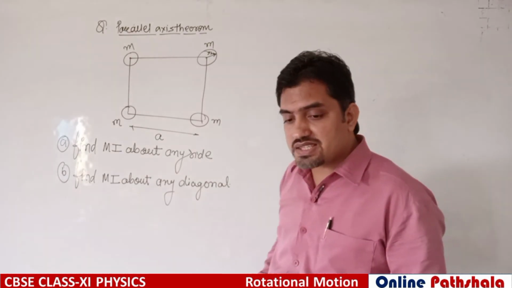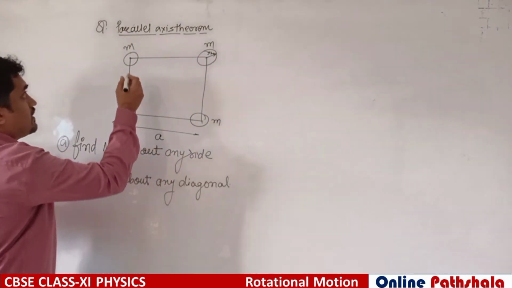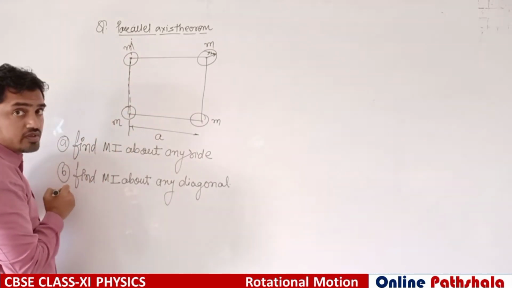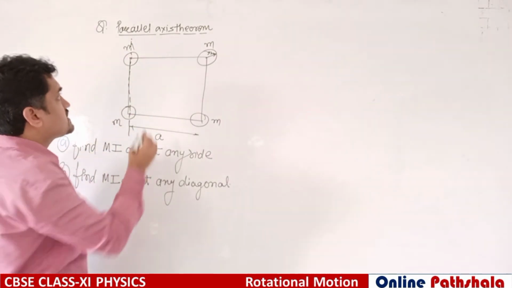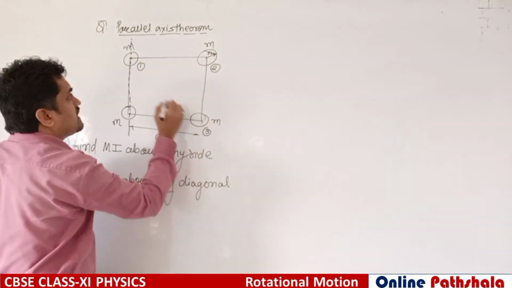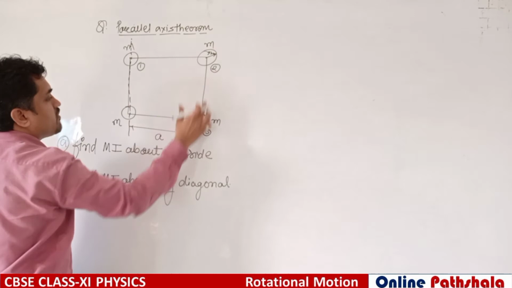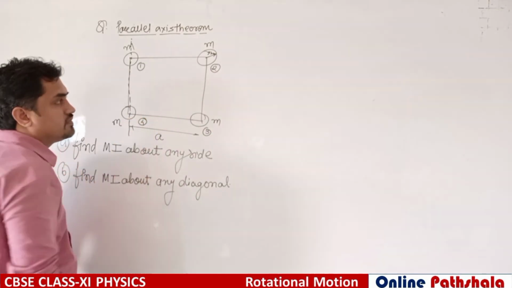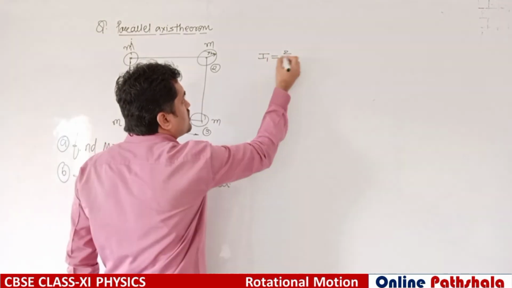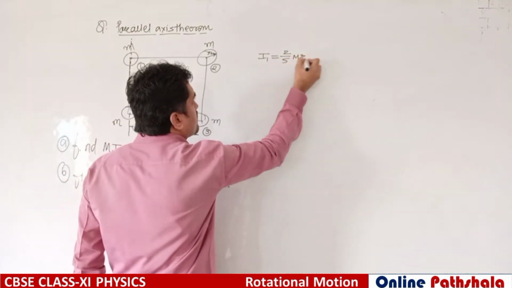Okay. So let us consider the side, this is the side. So the moment of inertia of the first ball, second ball, third ball and fourth ball. I1 we can directly write as 2 by 5 mr square.